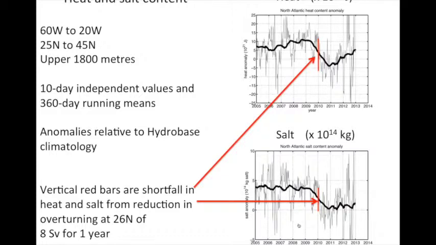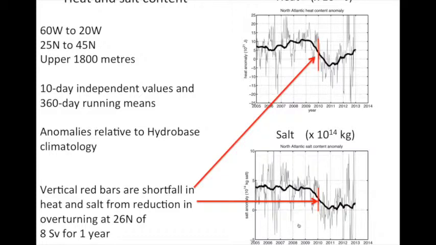But what this means is that during the first 5 years of the time series, the temperature was higher than the climatology. So it was a warm ocean. During the turn down, it decreased below zero, so relative to the climatology it was cold, and then it recovered some. In salt, we can see that it was a salty ocean, so it's the same.